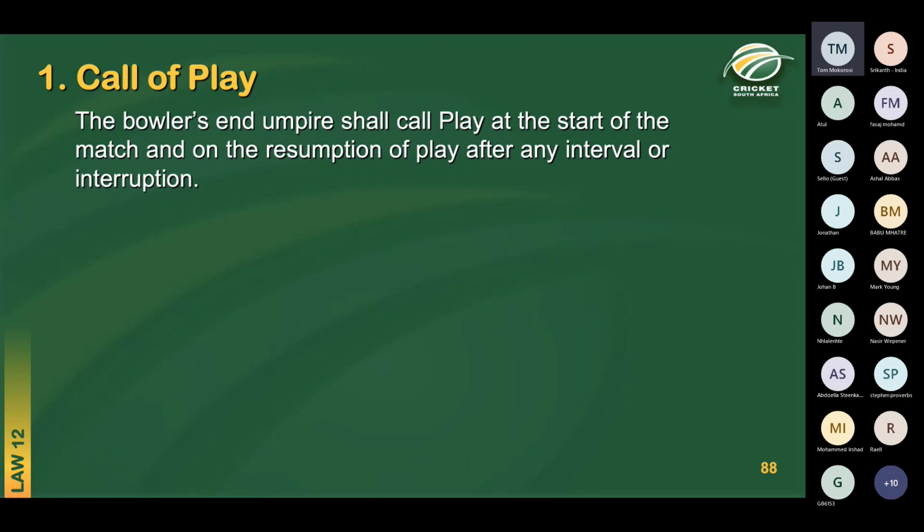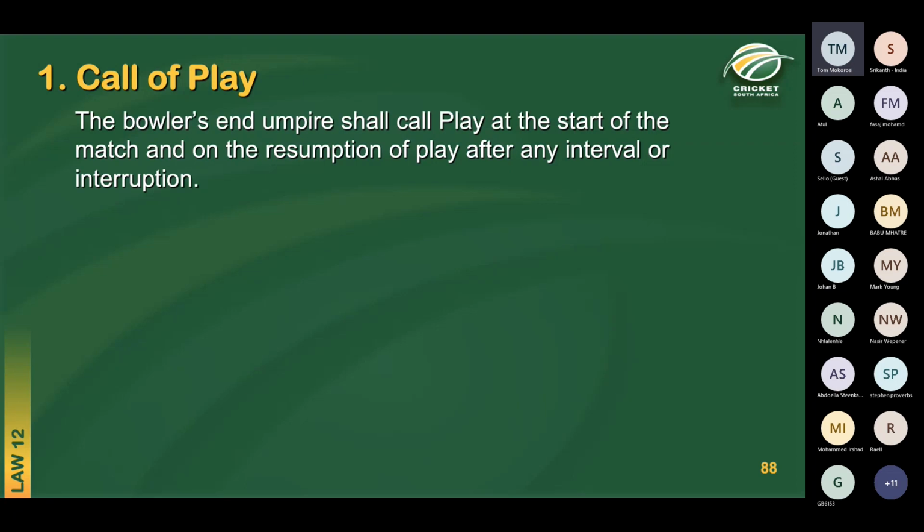And then you come even closer and you ask your colleague at square leg, the striker's end umpire, are you ready? And then you ask the batters if they are ready. And if everybody has confirmed that they are ready, then you as the bowler's end umpire will call play.